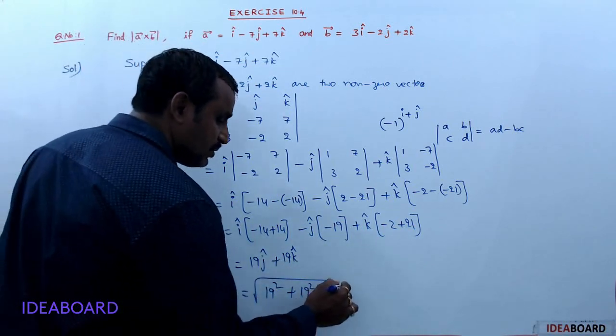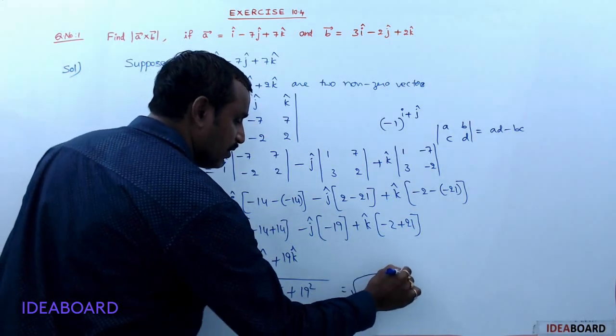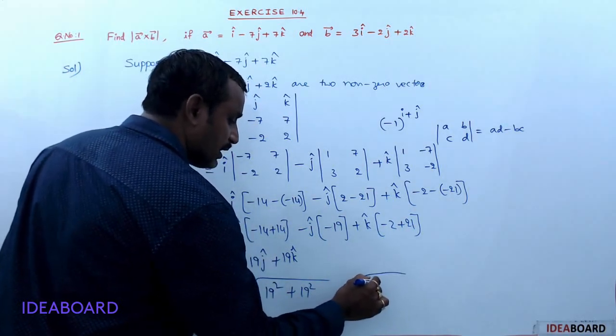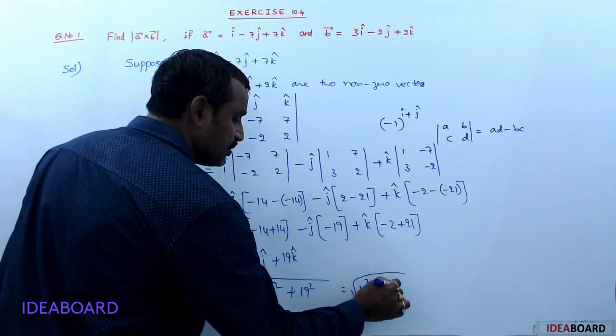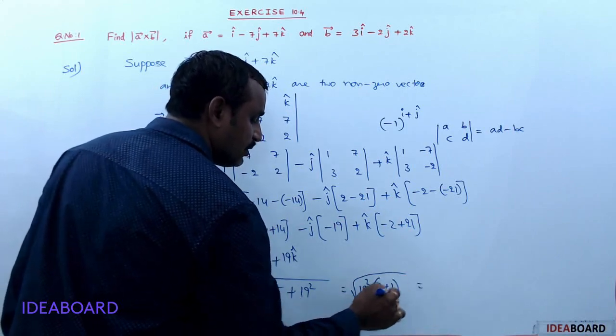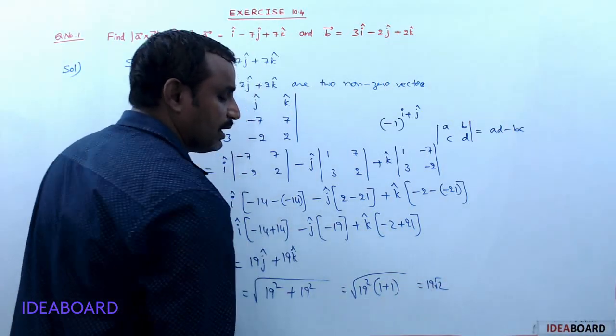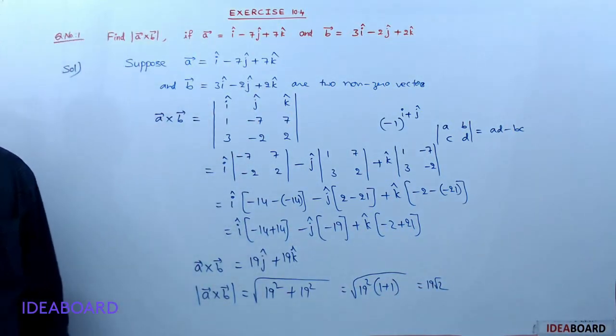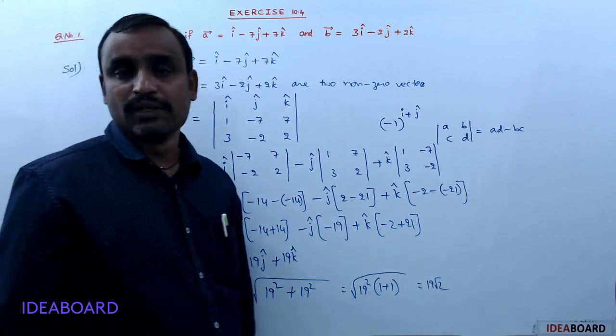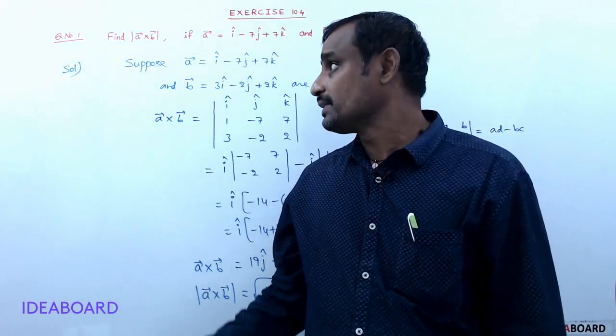So now this is equal to root of 19 whole square, taking common, 1 plus 1. So the value is root of 19 whole square times 2. The square root gets cancelled: 19 into root 2. So now this is the required result for this question.